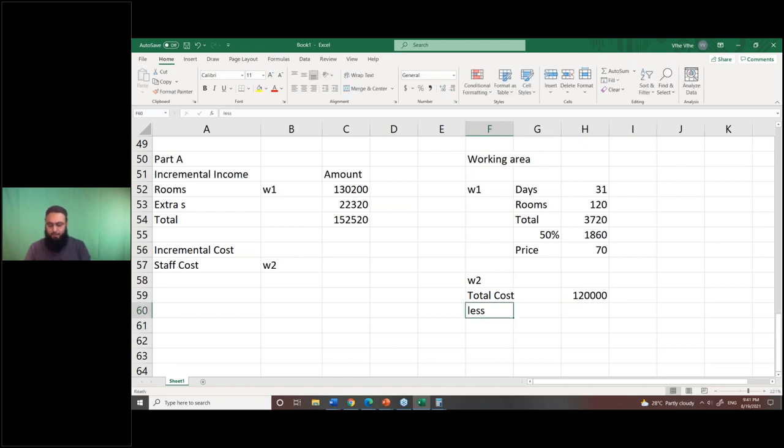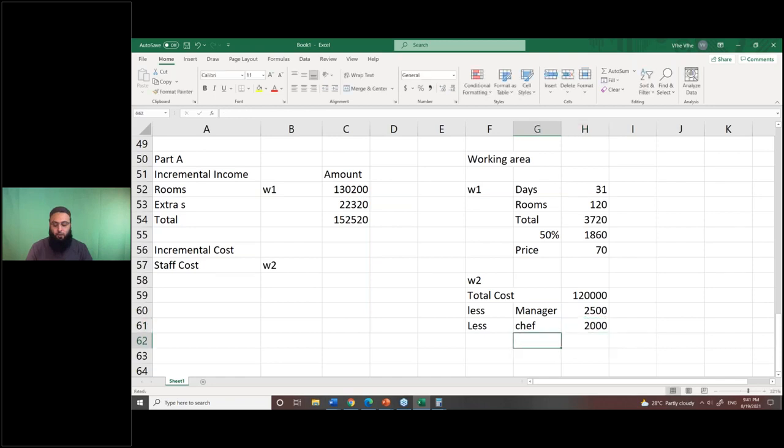Less the manager and less the chef, per month. So what's that? It was 30,000, right? Divided by 12 per month. And head chef was 24,000 divided by 12. Okay, both divided by 12.